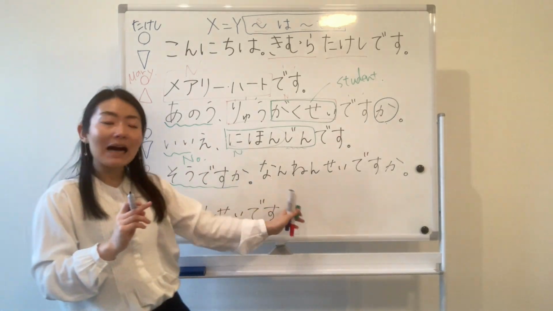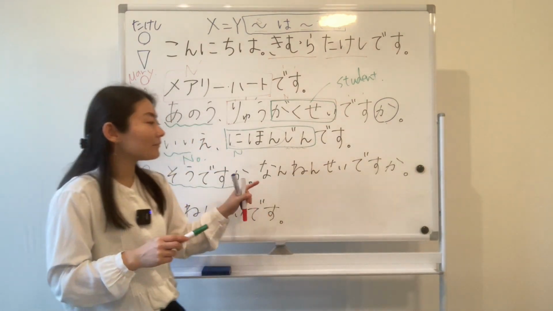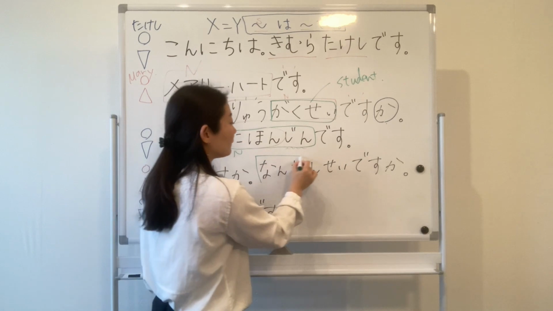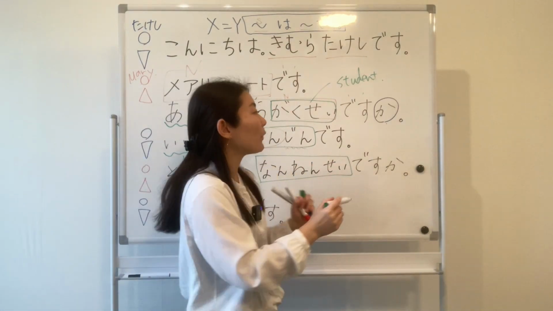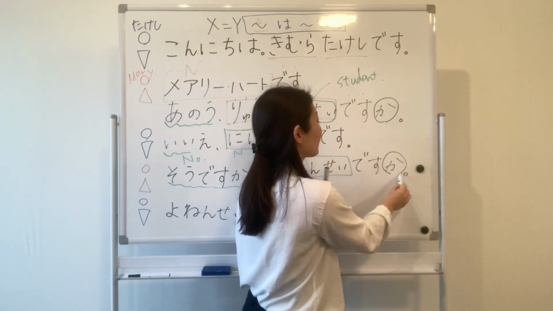Then, she asked, 何年生ですか？何年生 is a noun. Then, ですか, so we have か. So this is a question sentence.